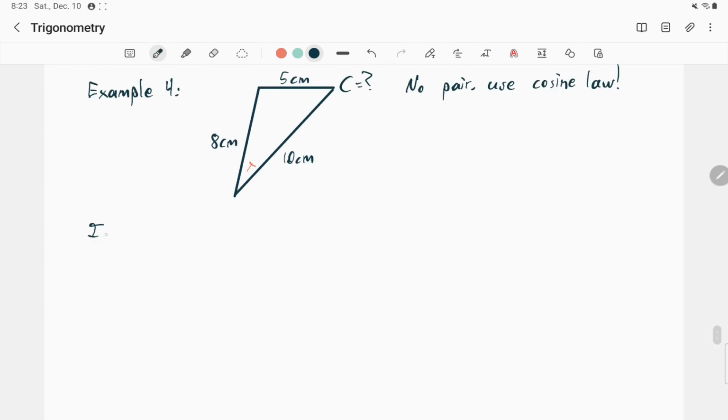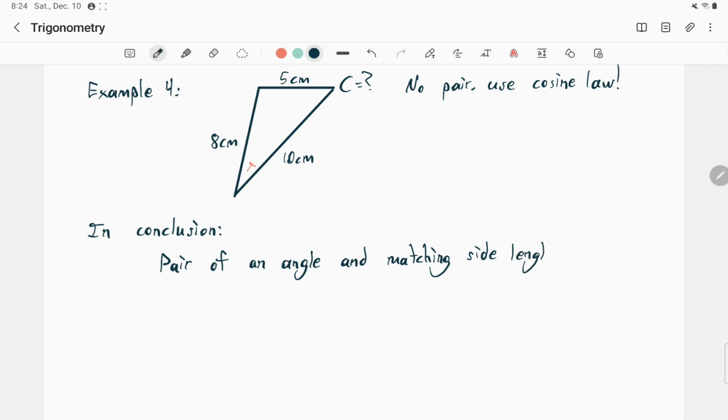So in conclusion, if you have a pair, an angle and matching side length, well, you have a pair, check mark, sine law.